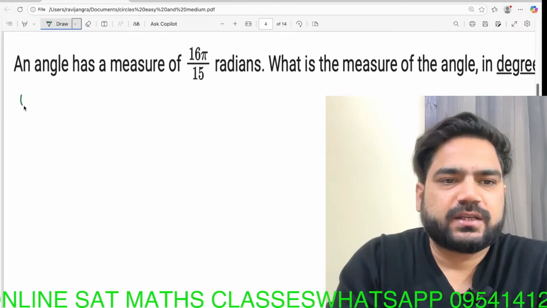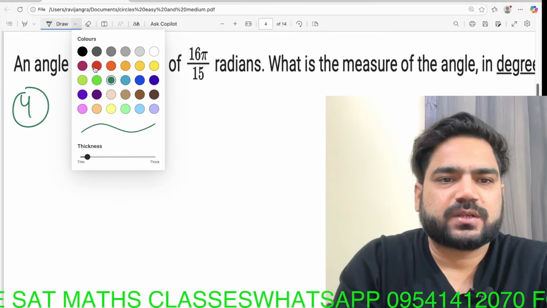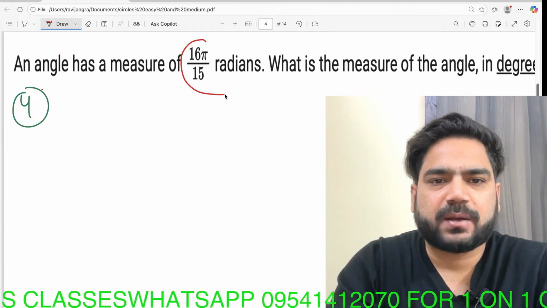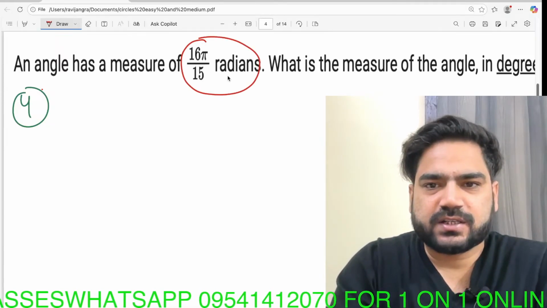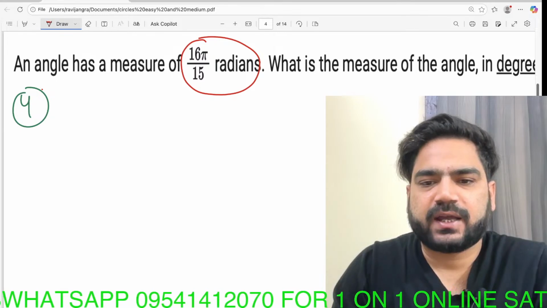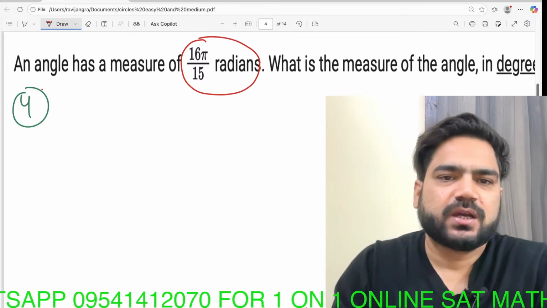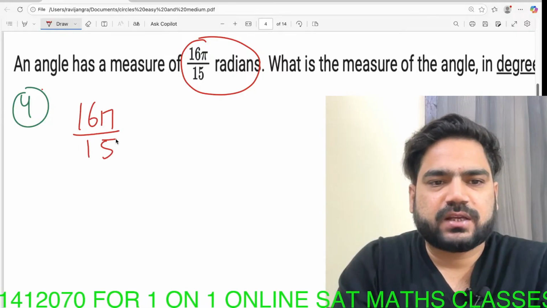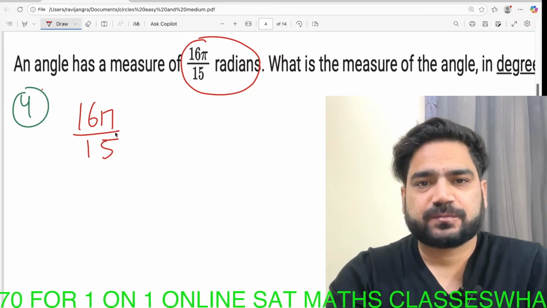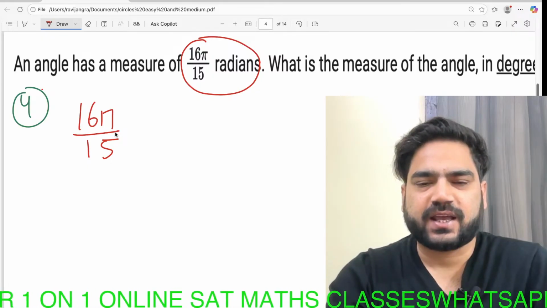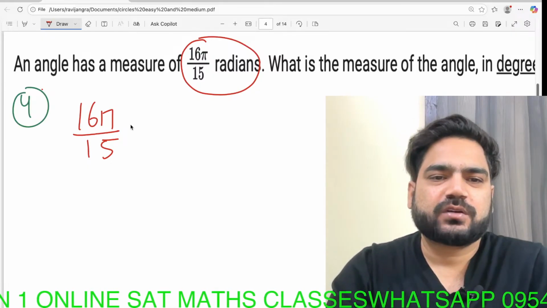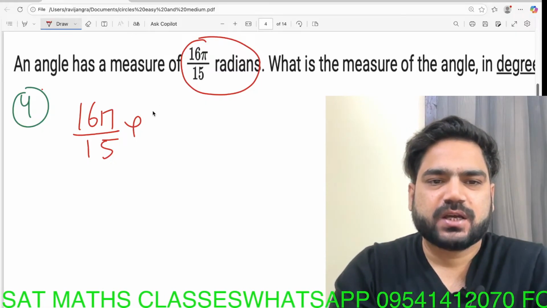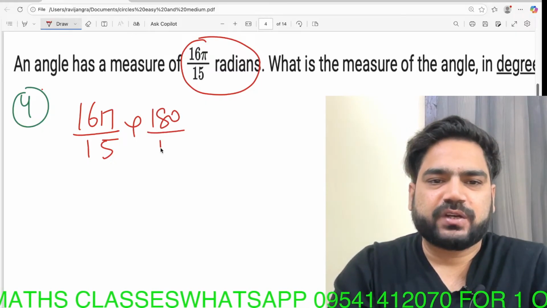The fourth question again is a super easy question, and in this question they are saying an angle has a measure of 16 pi by 15 radians, and what is the measure of the angle in degrees? So basically the angle is given as 16 pi by 15, and this angle is in radians. We have to convert this angle into degrees. So how to convert any angle into degrees? You multiply the angle by 180 by pi.